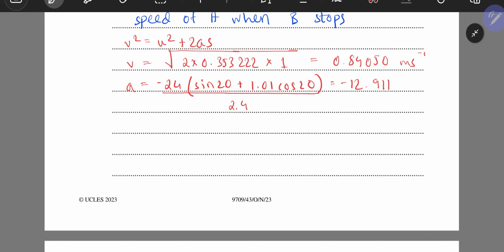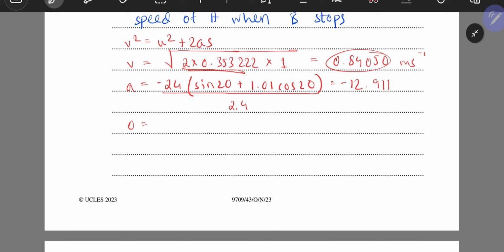So now we have the velocity and the deceleration. We need to find the distance until it's at instantaneous rest. So at instantaneous rest, velocity is 0, and v squared, so technically we don't need this value, we need what's inside.